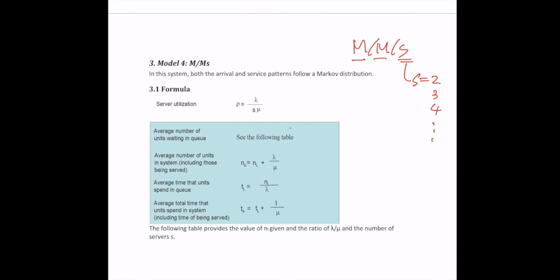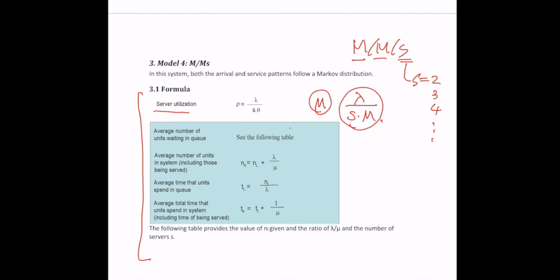So for this MMS model, still we have a formula. Here we look at the table; the same metrics can be calculated, but there are a few differences. Since mu is the service rate for one server, when you look at the server utilization, we have to divide lambda by not just mu, but the number of servers times the service rate.